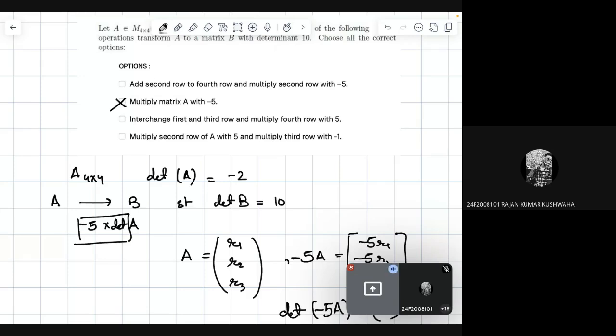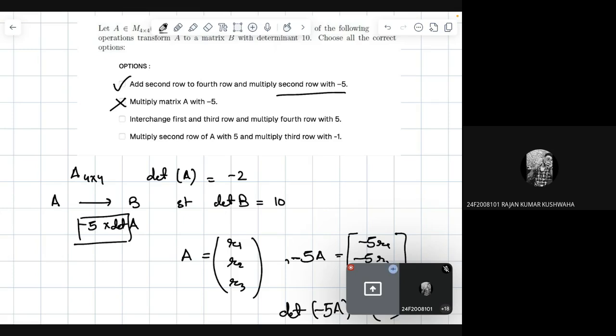The first option is add second row to fourth row and multiply second row with minus 5. This is the correct option, because we are only multiplying one row with minus 5, and addition of two rows makes no effect on the determinant. Now interchange the first and third row.